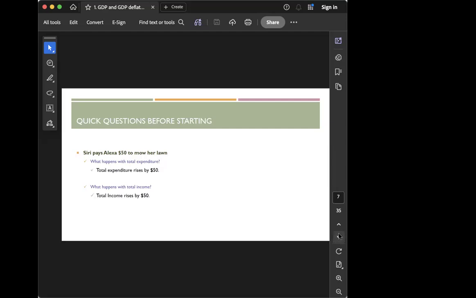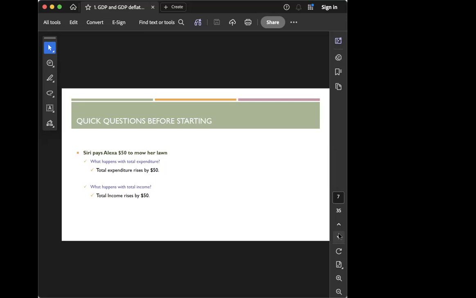So perfect. Suppose Siri pays Alexa $50, then from Siri's side, she spends $50 to buy a service, right? So total expenditure increases by $50. And same idea from Alexa's side, she receives $50 as income for providing the service.